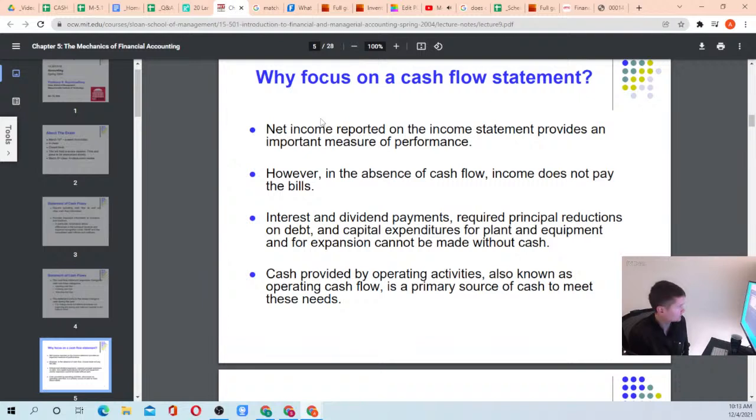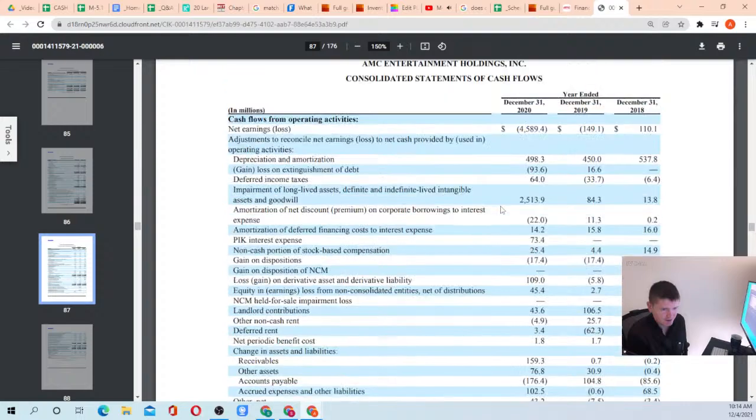Why would we want to focus on the cash flow statement? That's because net income is reported in income statements, and it provides an important measure of performance. However, in the absence of cash flow, income does not pay the bills. That's what AMC demonstrates.